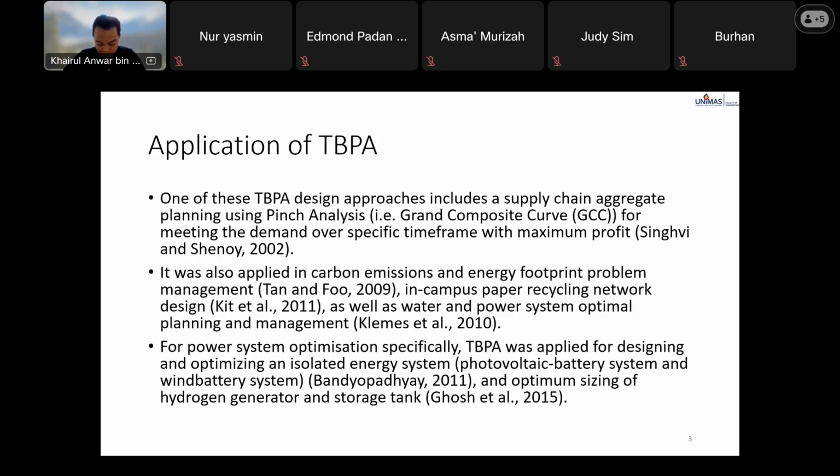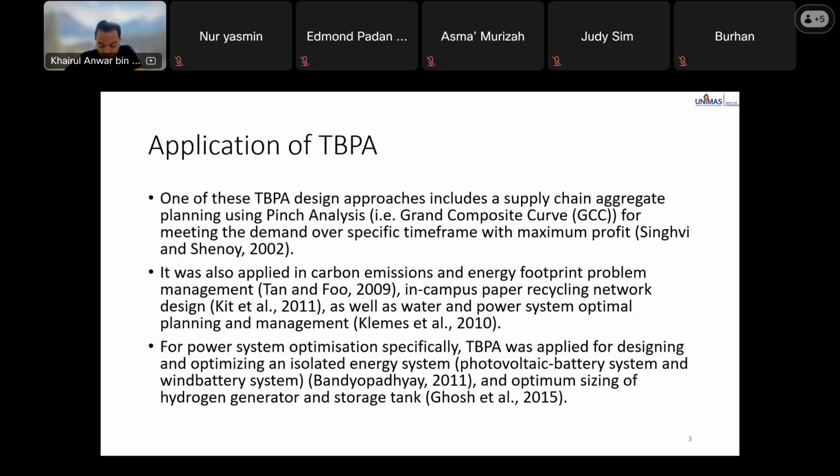For meeting the demand of a specific type of maximum profit, yes. For power system optimization, TVPA was applied for designing and optimizing an isolated energy system, like battery system and wind battery system, and optimum sizing of hydrogen generator and storage tank.